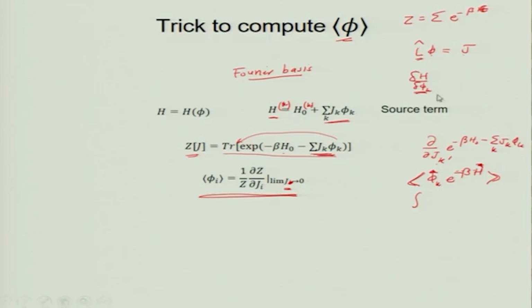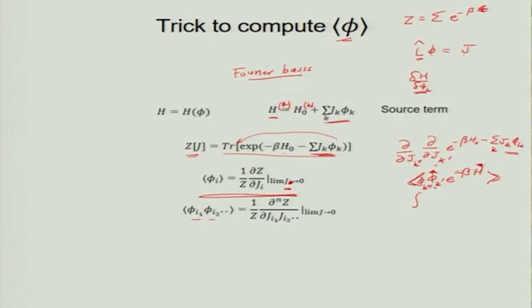Now this is for a single phi, the average of phi, but I may have a correlation, phi_i phi_j. So I have phi_i1, phi_i2, and like that. What should I do? When I take a derivative once, I get phi_k prime. If I take another derivative with respect to j_k double prime, what will I get? This is a sum, so phi_k double prime is sitting inside and this will give us phi_k double prime.